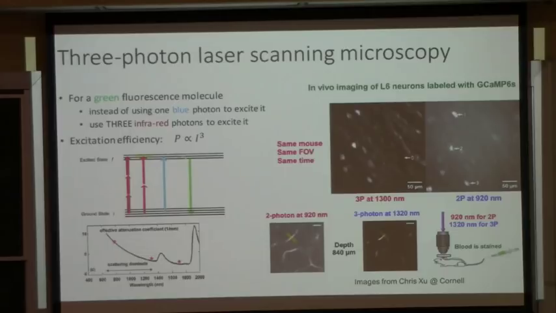I would say confocal is a one photon method, and three photon can help you image deeper and also achieve even higher resolution compared with confocal. And the scattering of two photon is less compared with confocal.